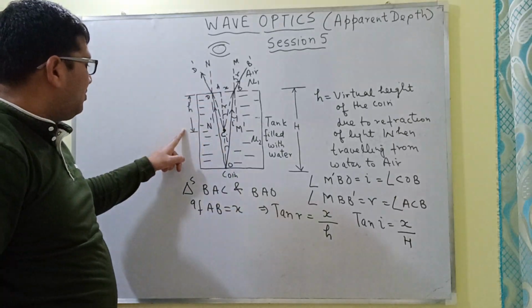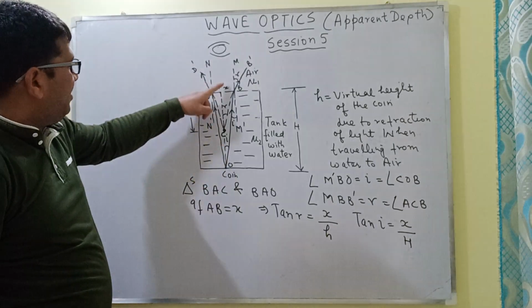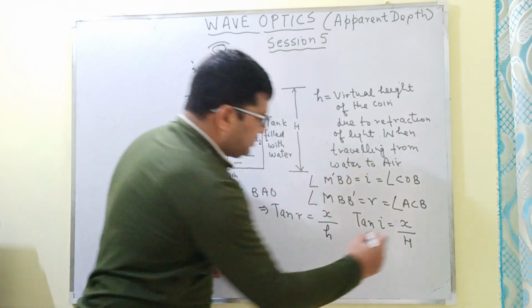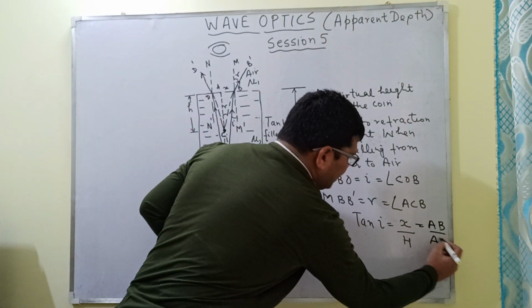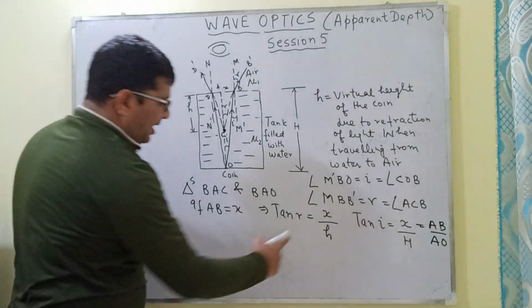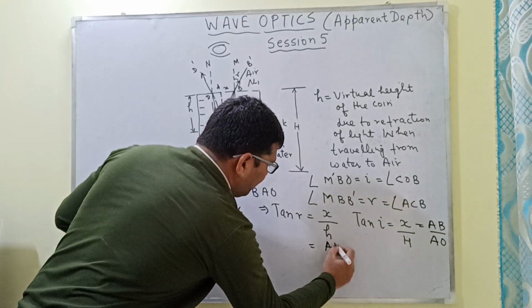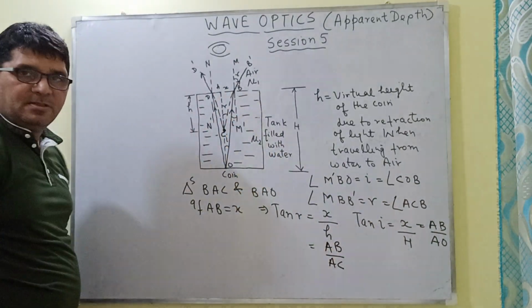Now AC here is equal to h, and tan I will be equal to AB upon AO. So this is equal to x upon h, which is basically equal to AB upon AC.